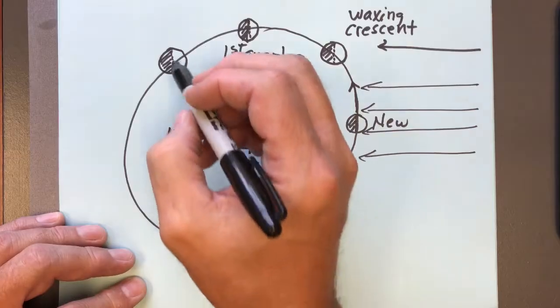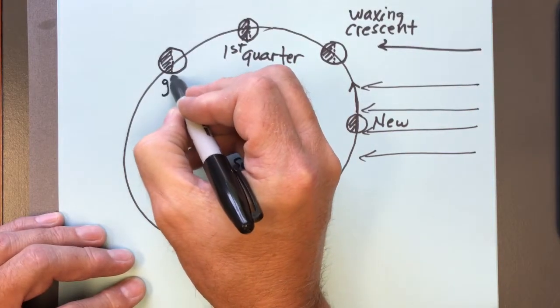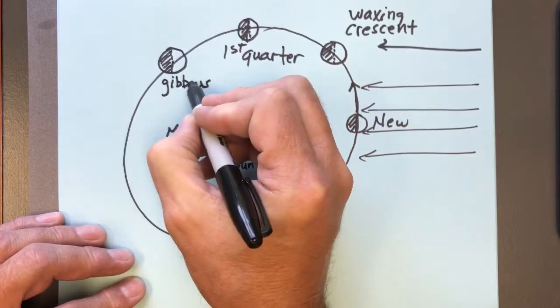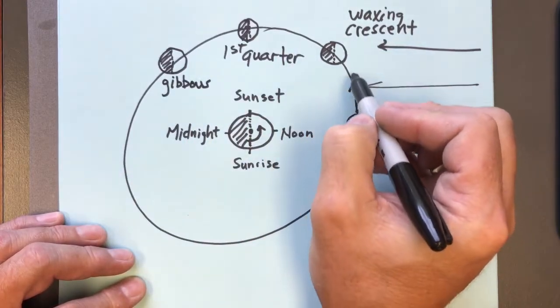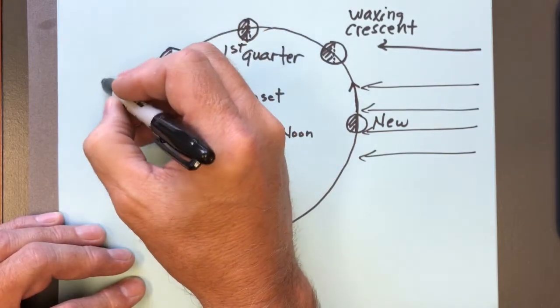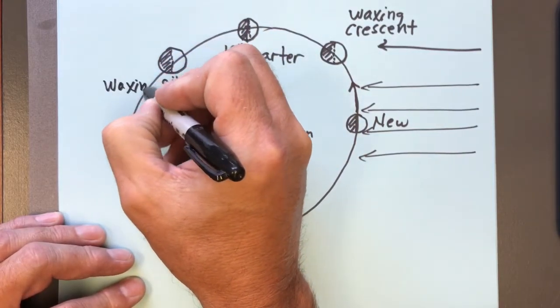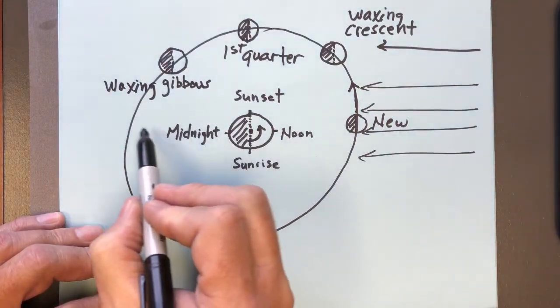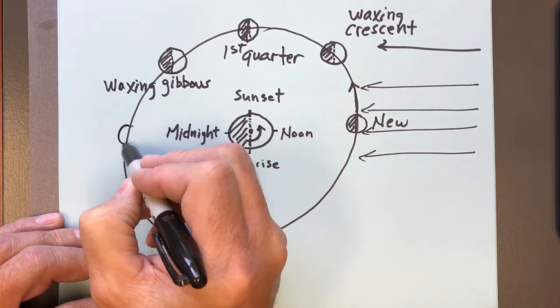Okay, what's this called? Well, this is a gibbous phase. I think I spelled that correctly, gibbous. And still the illuminated side is growing in this part, so that represents a waxing gibbous.